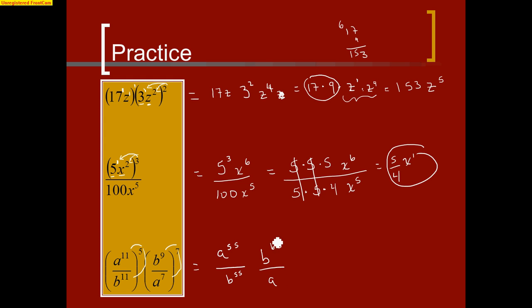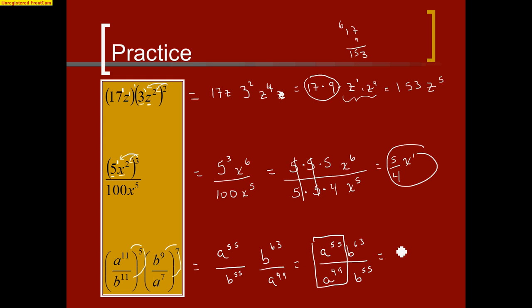Let's use the commutative property of multiplication and multiplying fractions. And now what do you have here? See the same base with division in between.